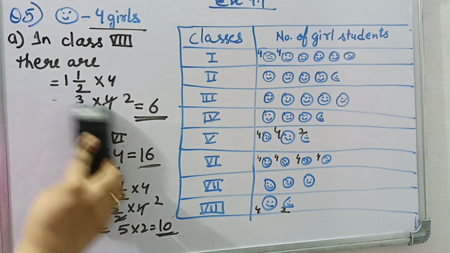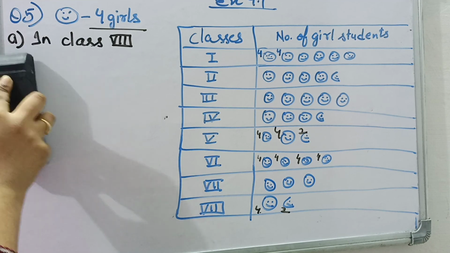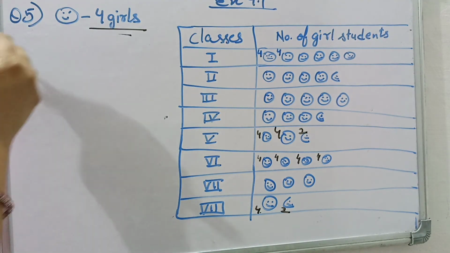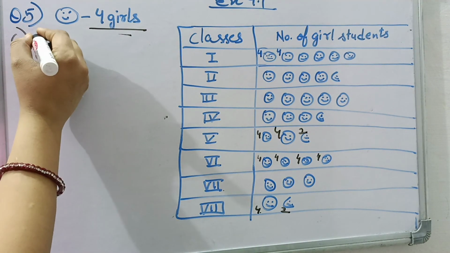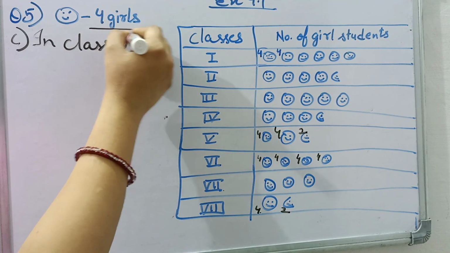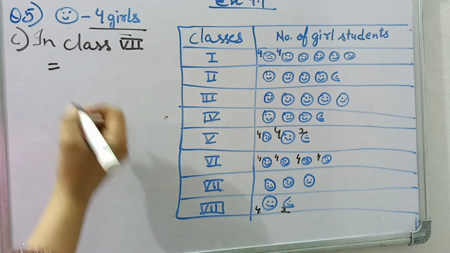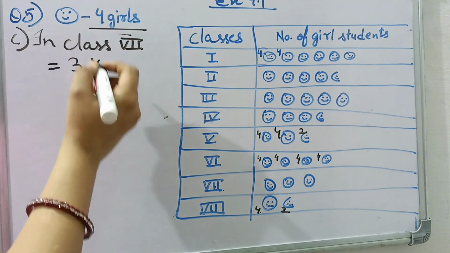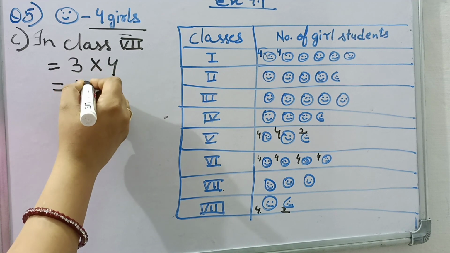The last question is asking you to find out the number of girl students in class 7. So in the same way we will find out. This is class 7. So in class 7, how many faces are made there? 1, 2, 3. 3 faces, and each face represents 4 girls. So we will multiply this 3 with 4. It will be 12.